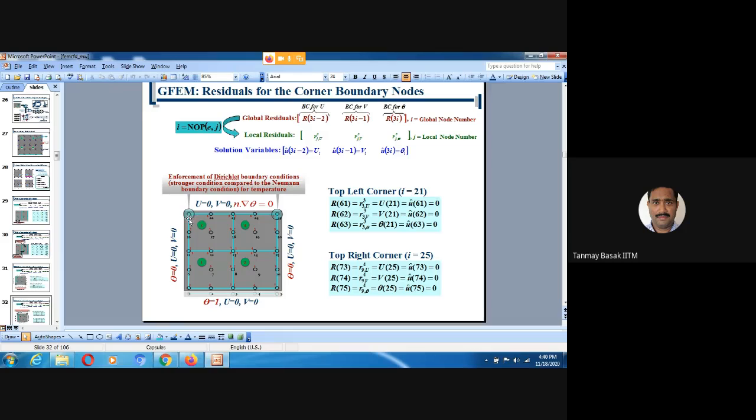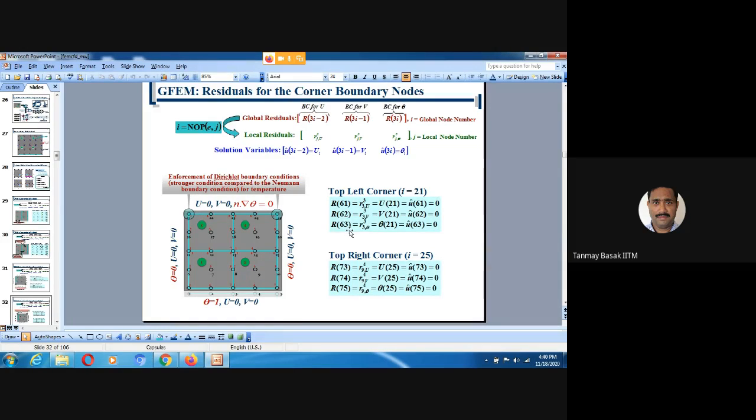Although it is the 21st node, it is the 20th node in zero-based counting, so 20 into 3 is 60, so it will be 61, 62, 63. Similarly, it is the 24th node, so 24 into 3 is 72, and it will be 73, 74, 75. This is the way your calculations will be done.